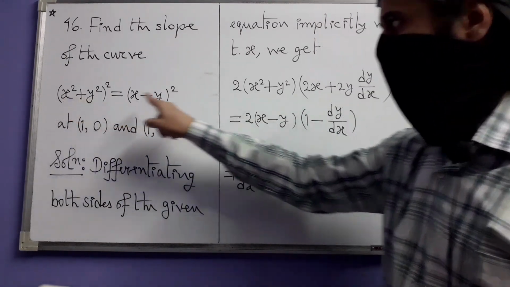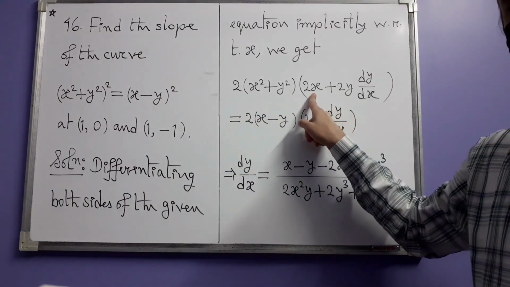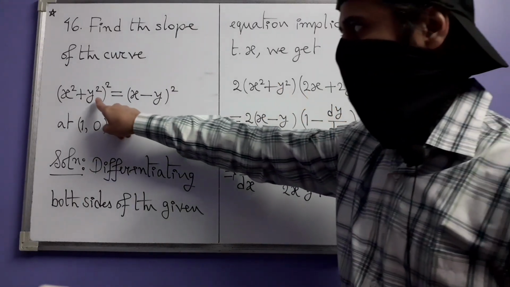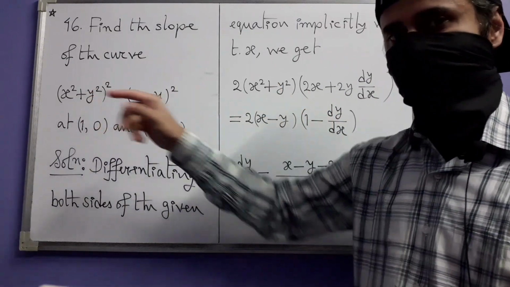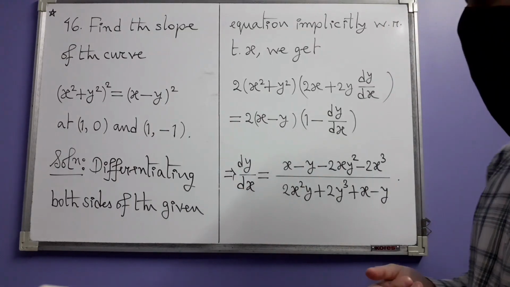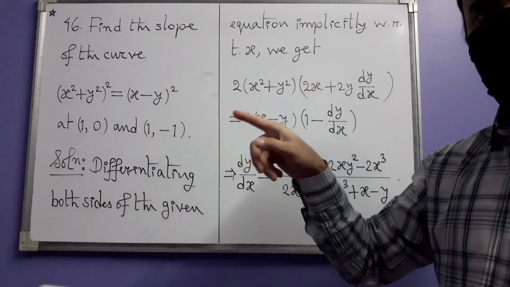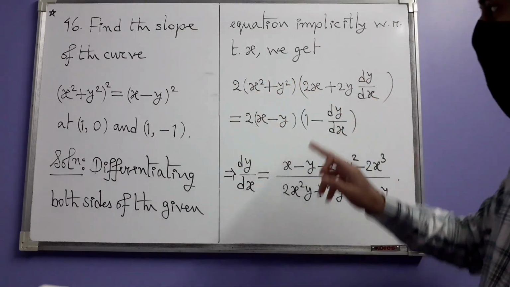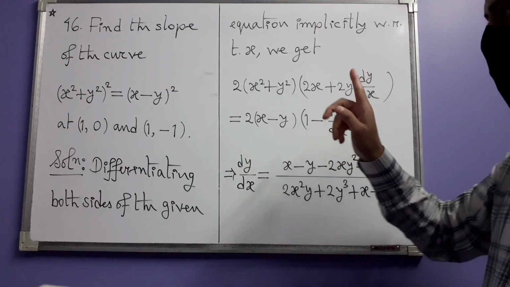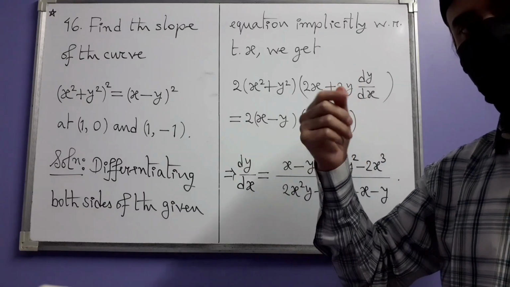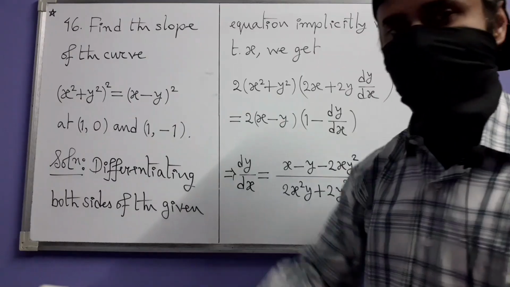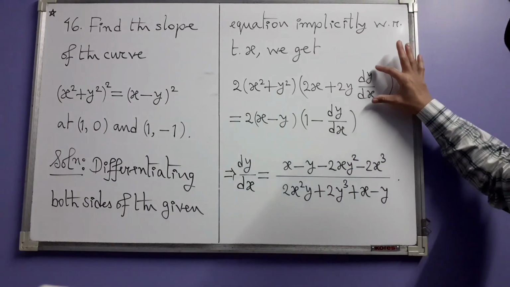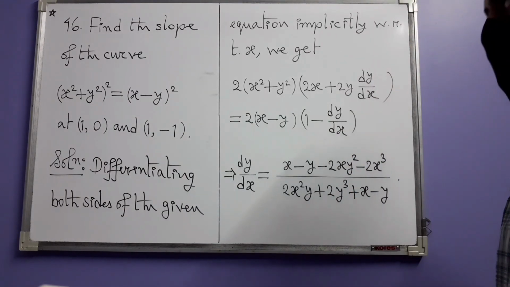So derivative of x squared is your ordinary 2x. And what is the derivative of y squared? Here you have to again apply the chain rule. First you differentiate y squared with respect to y. That gives you 2y, and then multiply that with the derivative of the inner function y with respect to x, which is just your ordinary dy/dx.